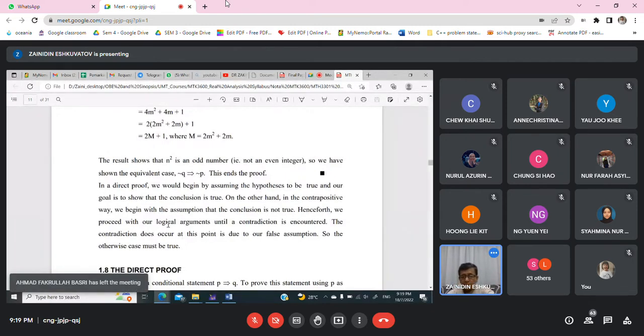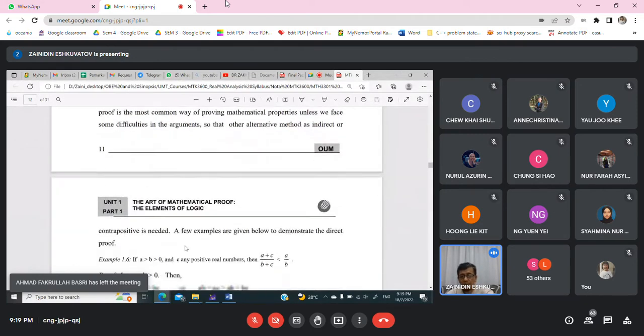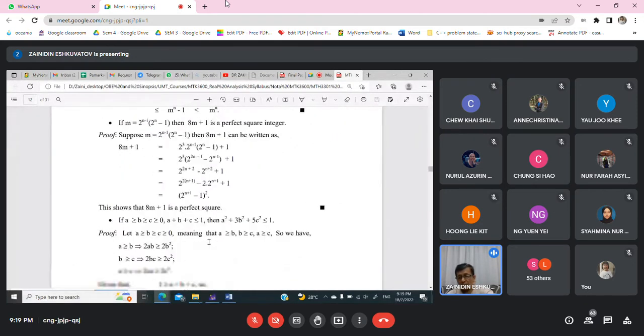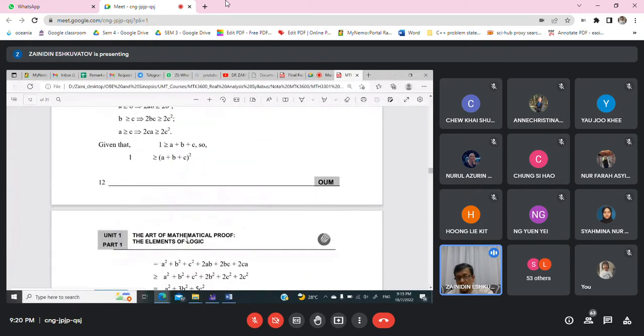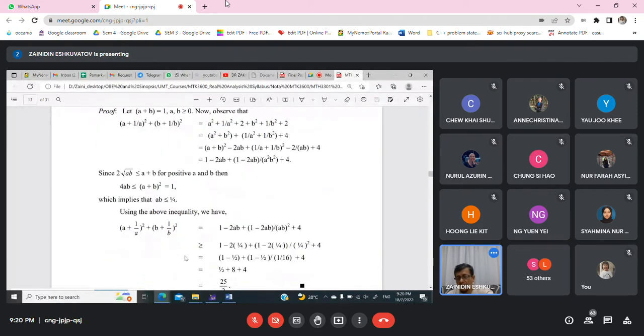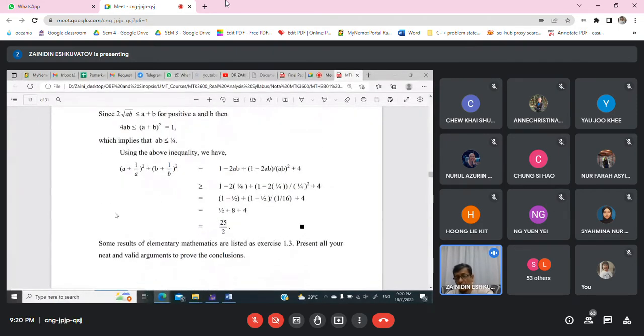Okay, indirect proof, indirect proof. You see, very nice exercise and very nice examples. You see, all the nice proofs. Here equality, here inequality. How to get a lower bound. Lower bound. Okay? Because AB is less than 1/4, so minus AB is greater than 1/4.